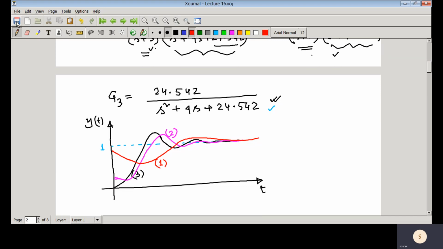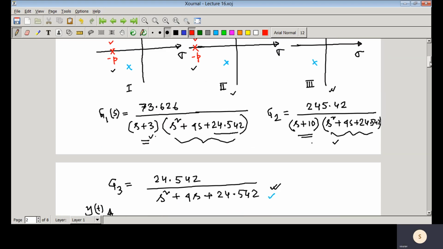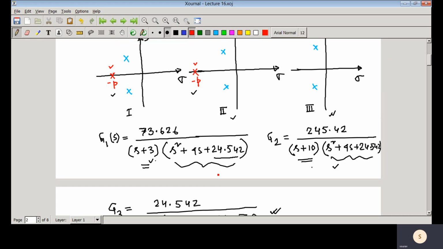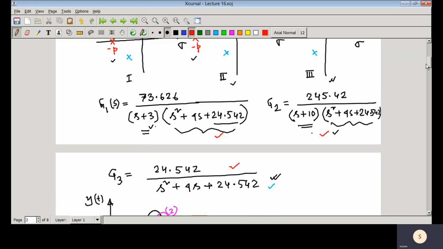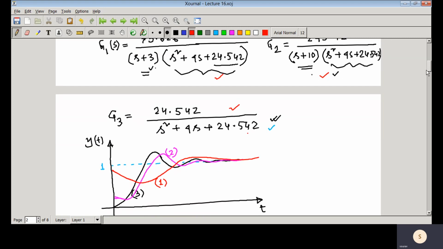So you can see here that these are the three transfer functions. Whenever there is no pole introduced to that transfer function, or we can say that pole is placed at minus infinity, then the black one is the underdamped time response of that second order system.